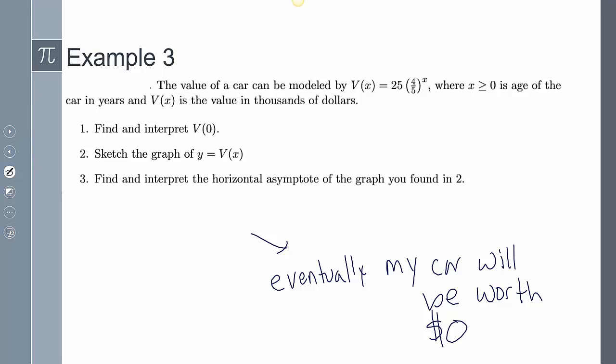So just know that eventually your car turns into trash. So it might be a good idea to purchase a used car and determine when you get the best value in buying your used car.